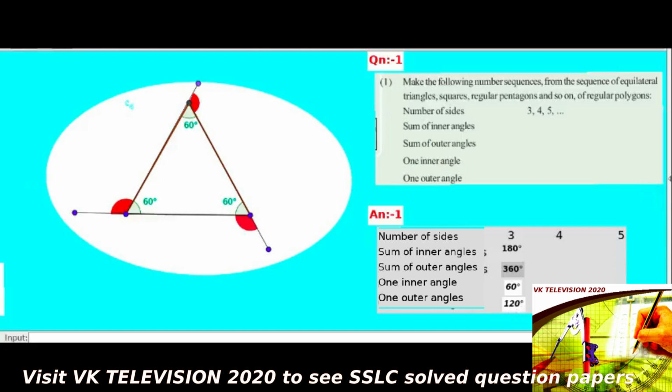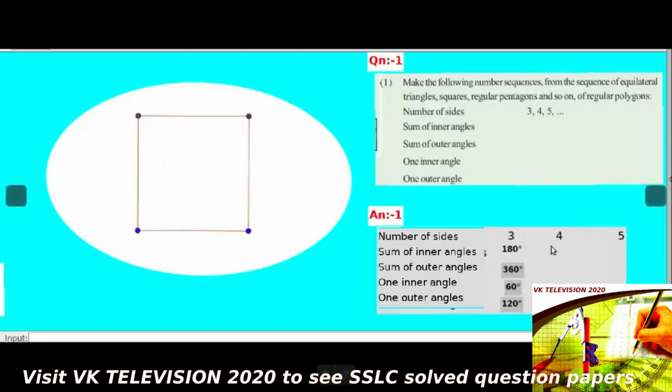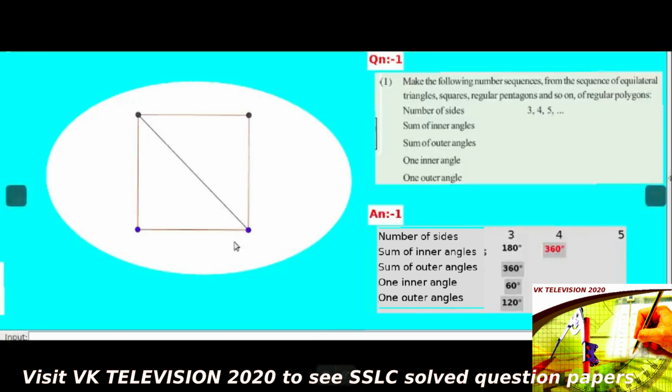Then what is the sum of inner angles of a four-sided regular polygon? That is a square. We have to find out the sum of the inner angles of this square. We draw a diagonal. This diagonal forms two triangles.